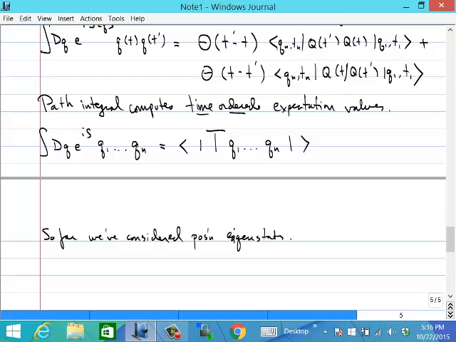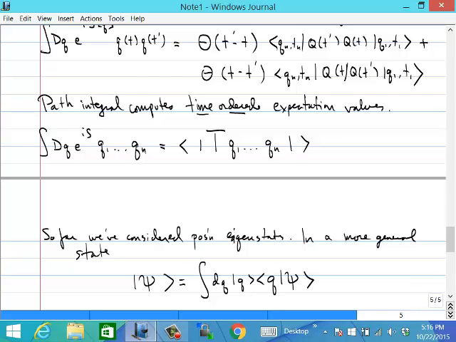We're interested in other sorts of states, such as the ground state. What we want to do is think of a more general state, say psi, as a superposition of position eigenstates. Again, all I've done is write one in a very fancy way.